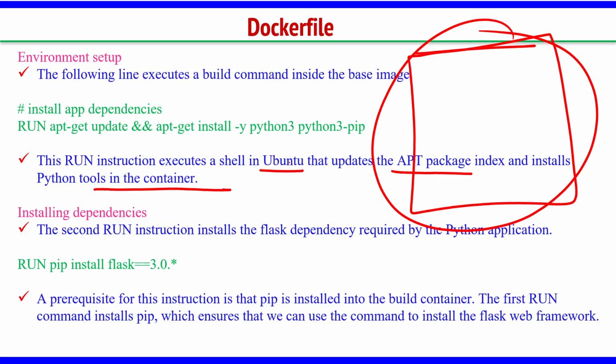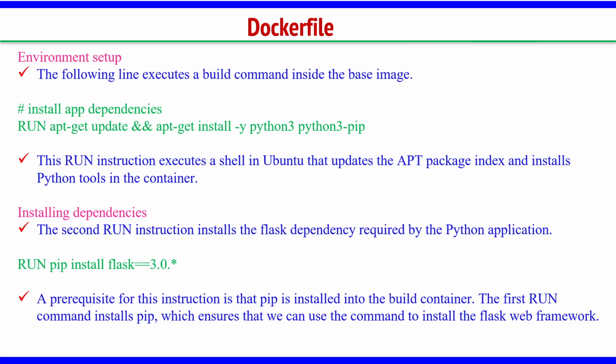It can run independently. For this image to execute, it needs some software installations, which are made readily available with the help of this RUN command. So, this will install Python in that container.